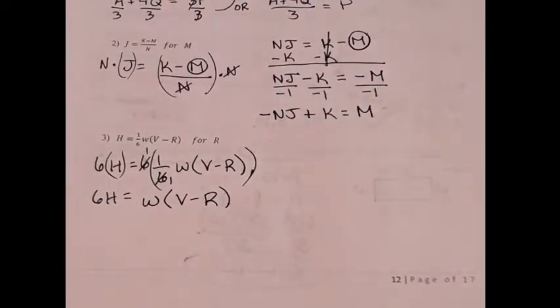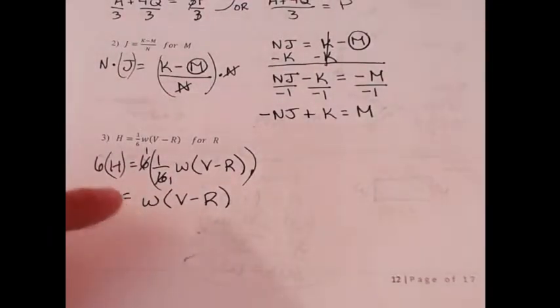Not bad, right? Just like that, we've gotten rid of that fraction. Again, you're going to use this strategy whenever you have fractions in your equations, but you have to be careful with how many terms you have, and that's how many times you multiply by that common denominator. All right, moving forward, we have 6h is equal to w times v minus r.